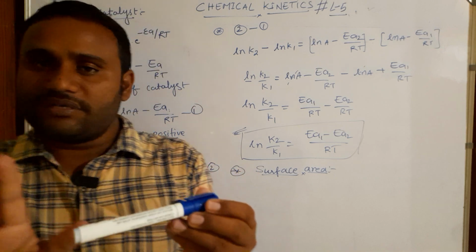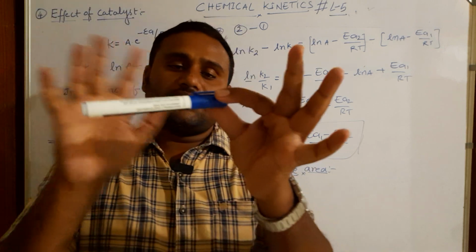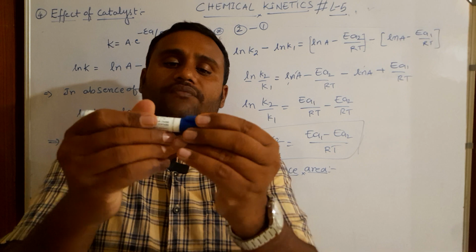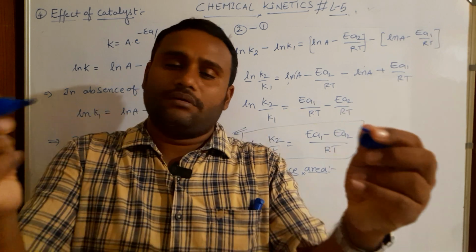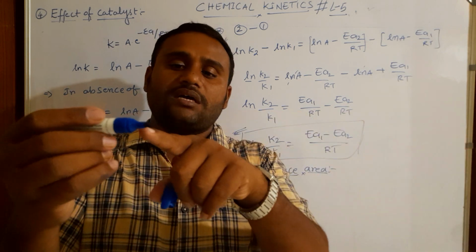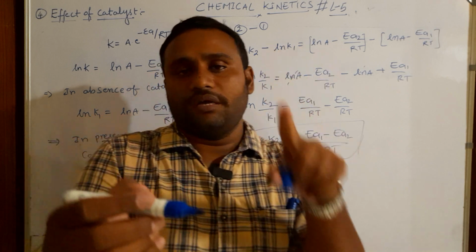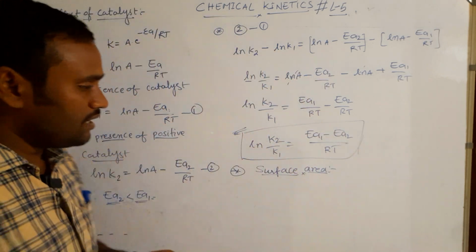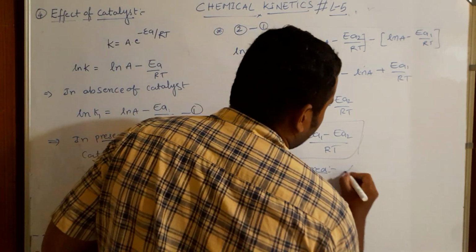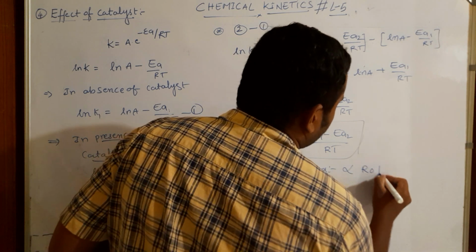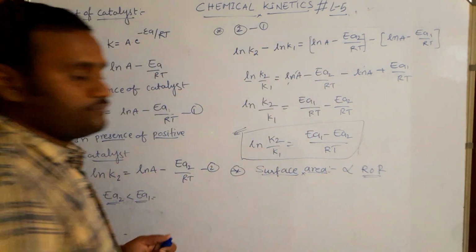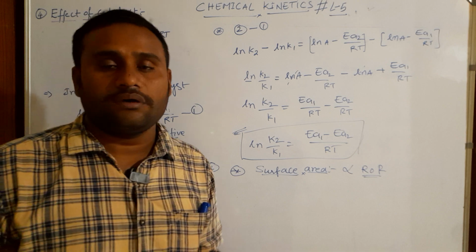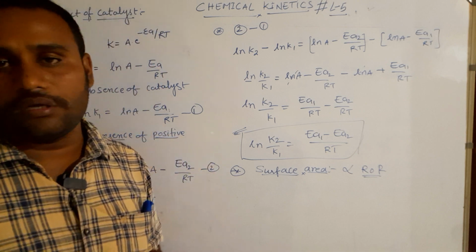This is the surface area initially. If I remove this cap, that also will become surface area. Surface area is directly proportional to rate of reaction. If surface area increases, rate of reaction also increases.